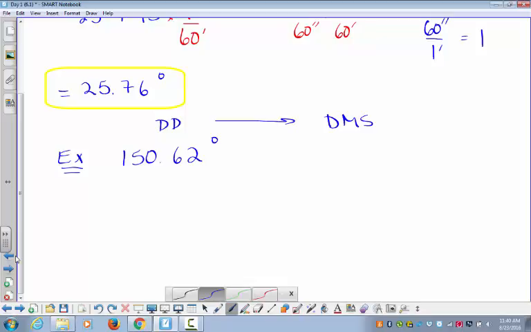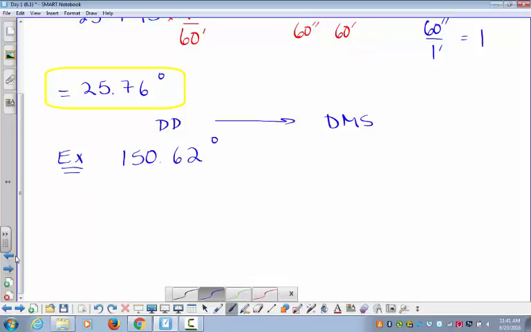Oh, okay, yeah, so it's not all the way down. Gotcha. Yeah, if you're poking around in your calculator and you're not sure exactly where the DMS to DD conversion is or vice versa, let me know and I can figure it out. Dr. Google can also help you.